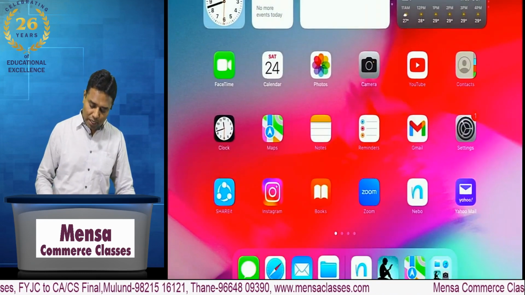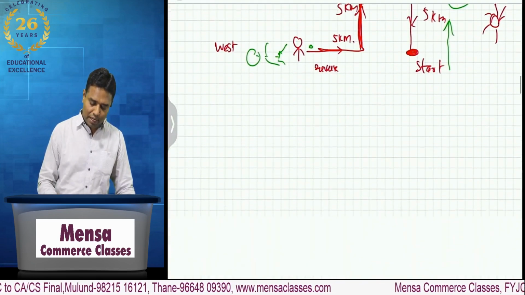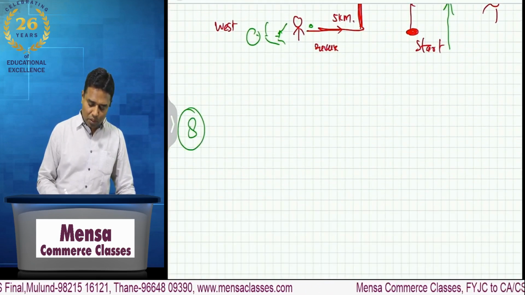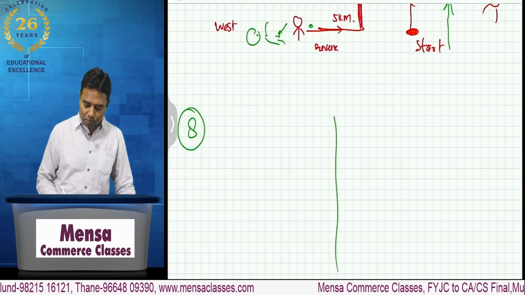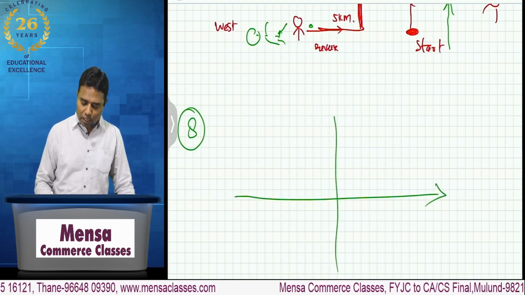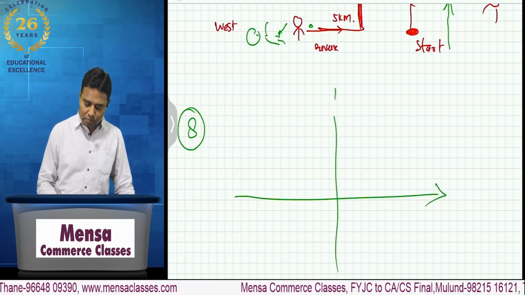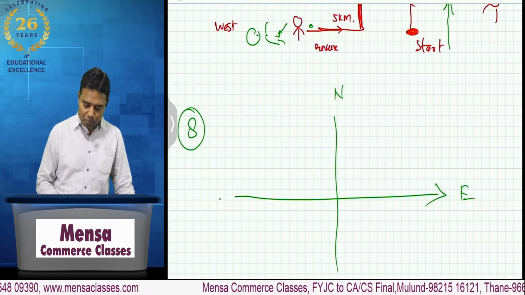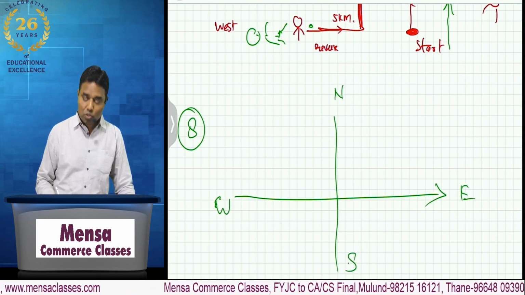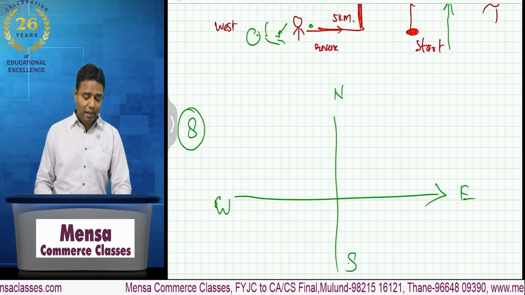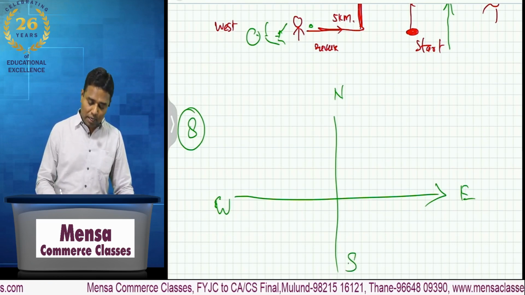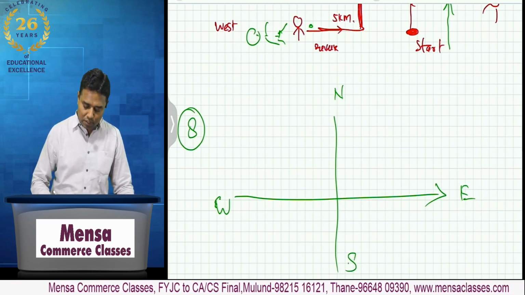So let's draw that. So how does the diagram look? So if you draw the diagram here, the minute hand is towards the northeast. So this is the northeast.